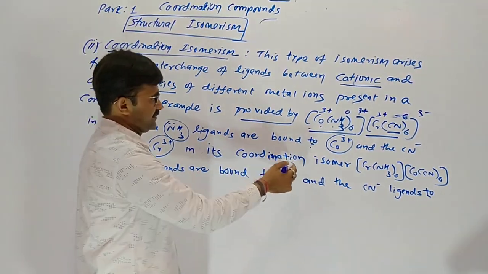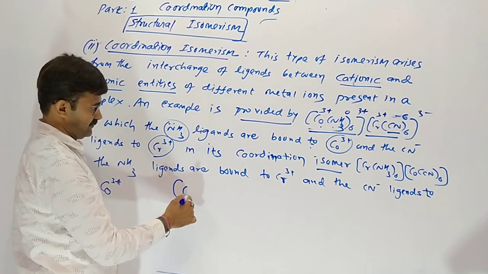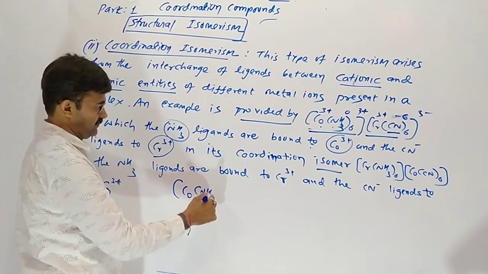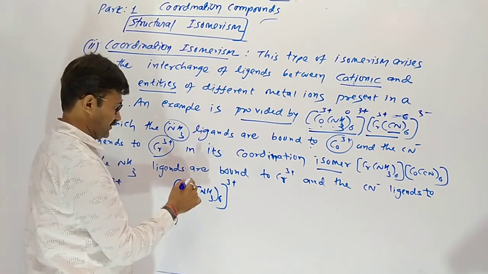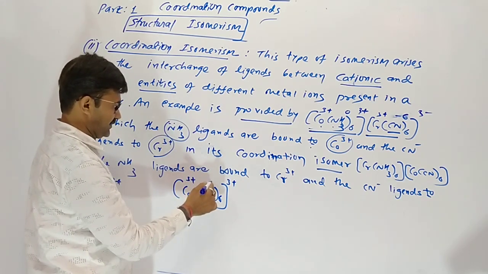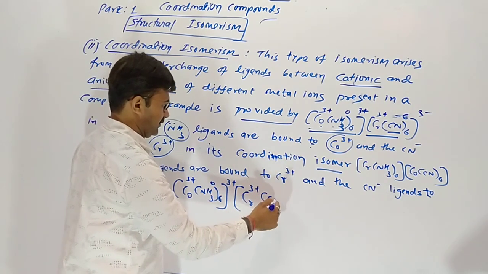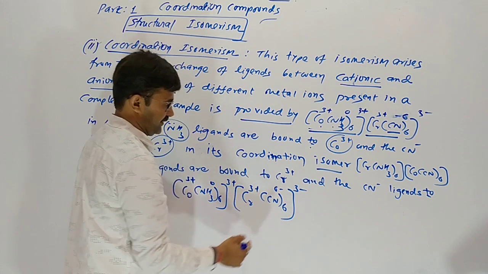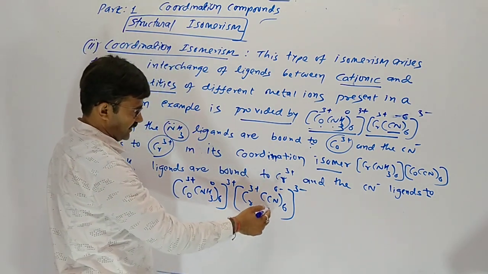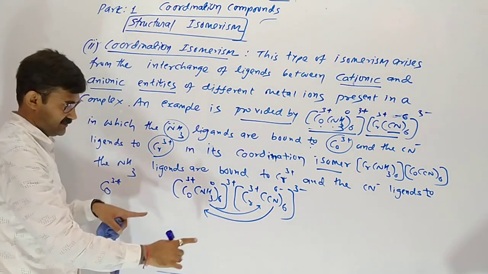In its coordination isomer, it will be changed. Here [Co(CN)6] is 3 minus, and here [Cr(NH3)6] is 3 plus. When cyanide comes here, amine goes there.